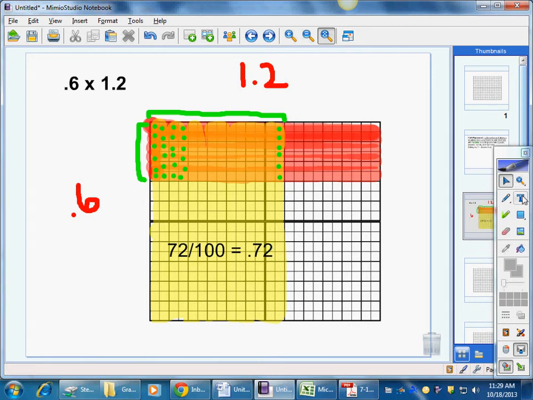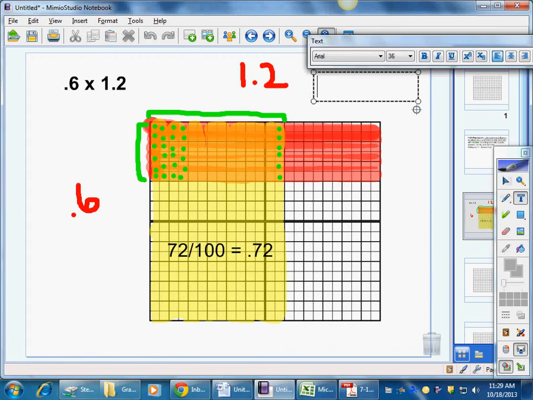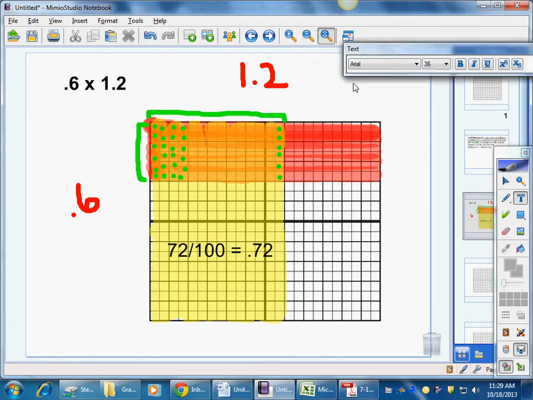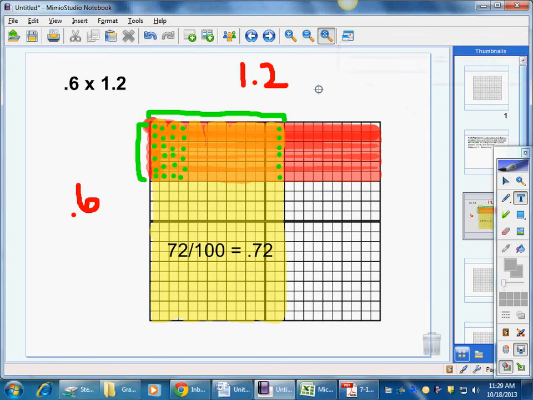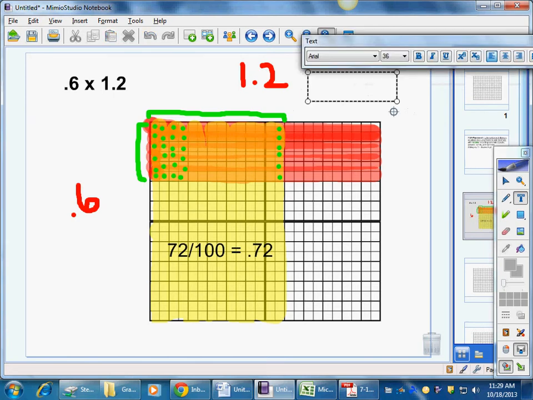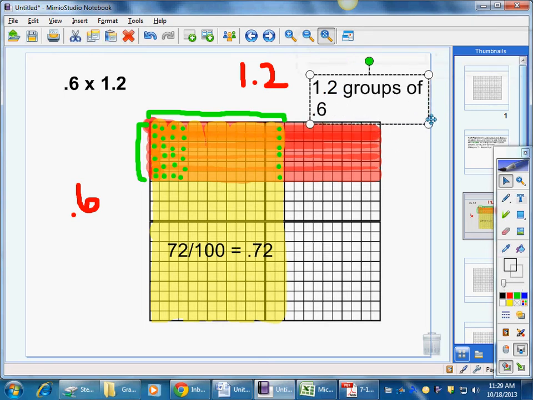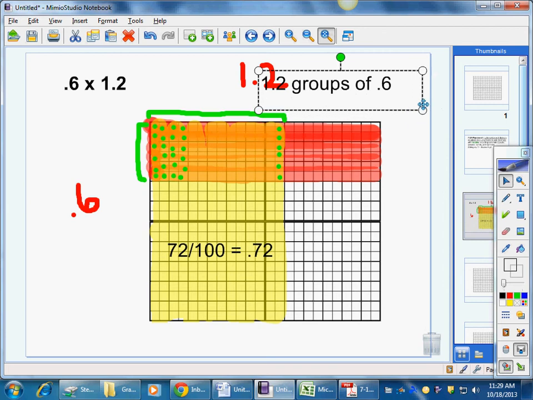Now to interpret it just a little bit, if I look from this perspective, I've got 1.2 groups of 0.6 of a whole. And how do I get that?